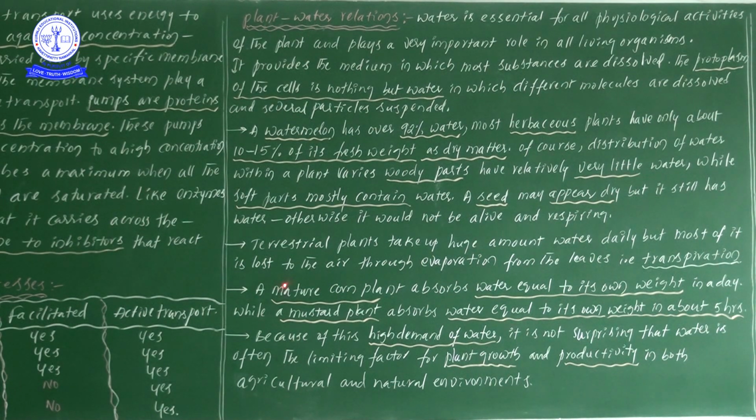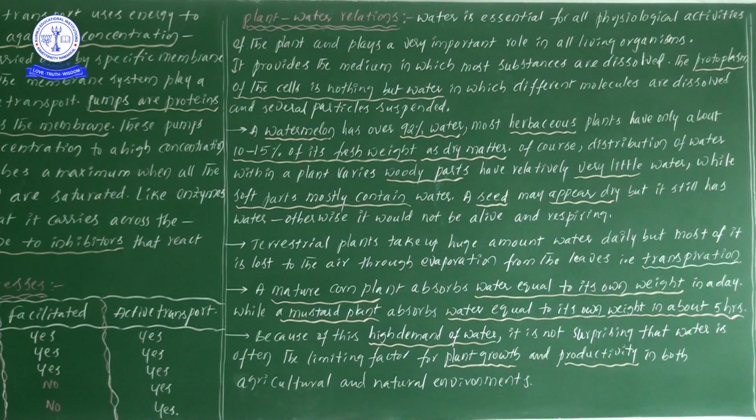Terrestrial plants take a huge amount of water daily, but most of it is lost to the air through evaporation from the leaves, which is known as transpiration. This everyone knows; biology students all know transpiration. Transpiration is nothing but evaporation of water from the aerial parts of the plant.